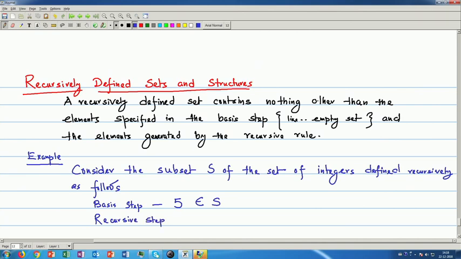If x belongs to S and y belongs to S, then x plus y belongs to S. So, all new elements will be generated by this formula. This is my basis step, this is my recursive step, and this is my recursive rule.